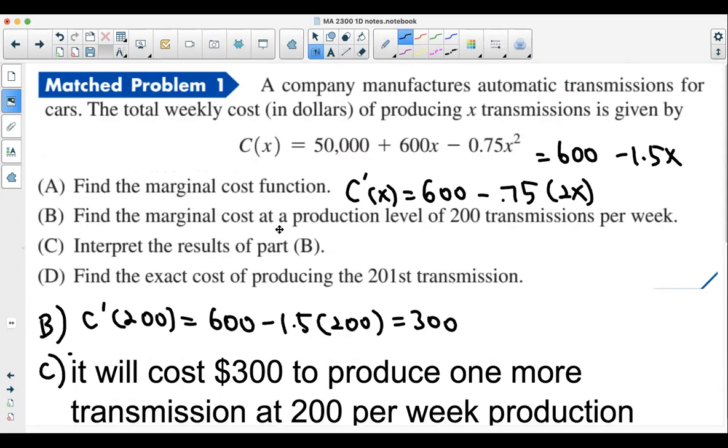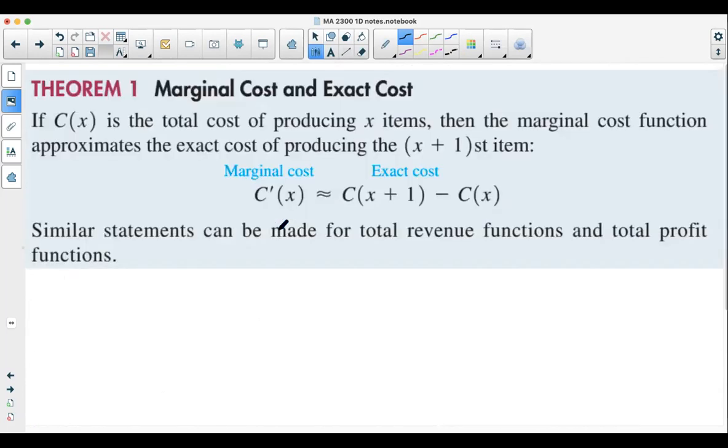Let's look at this idea, marginal cost and exact cost. If C of x is the total cost of producing the item, the marginal cost function approximates the exact cost of producing the next item. That's what I explained earlier.